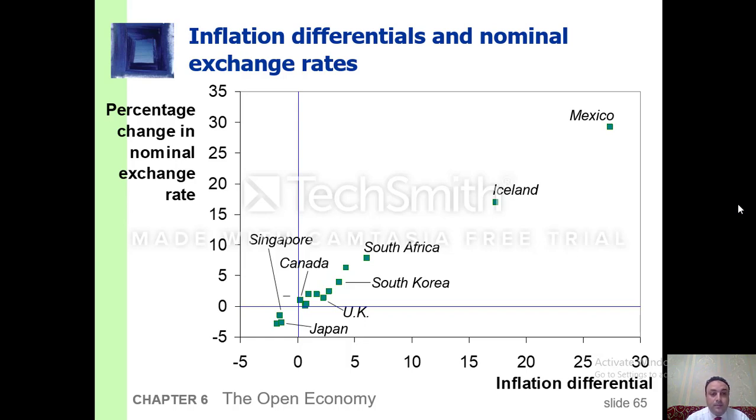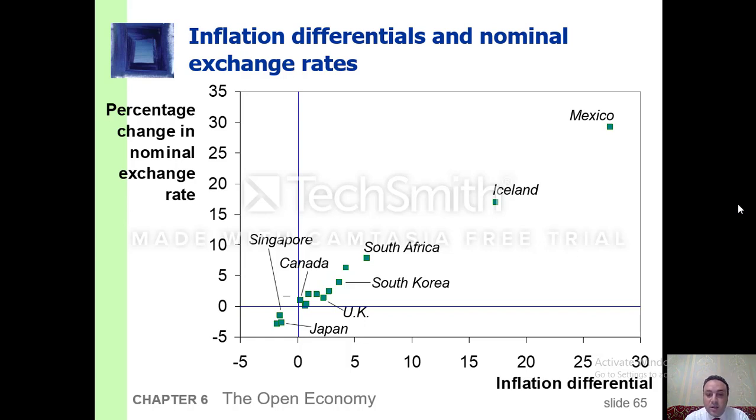So as you can see here in this graph, to explain more the inflation differentials and the nominal exchange rate. The greater the inflation rate in Uzbekistan, for example, relative to the United States, the faster the dollar should rise relative to the som.